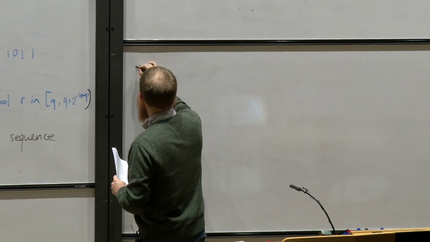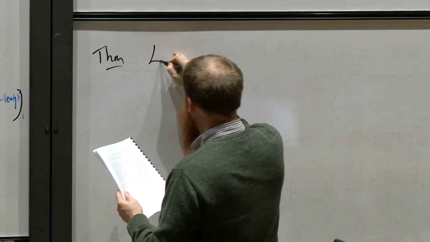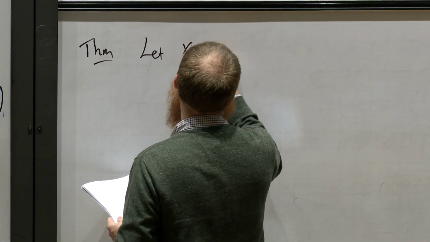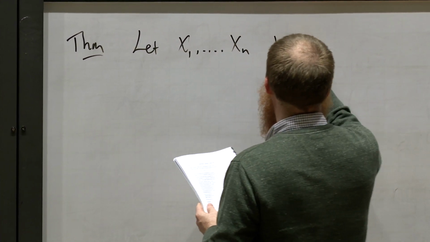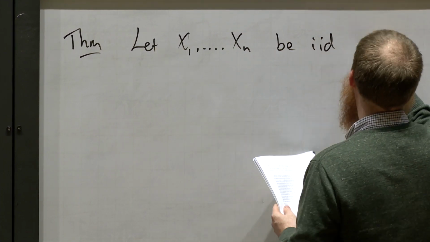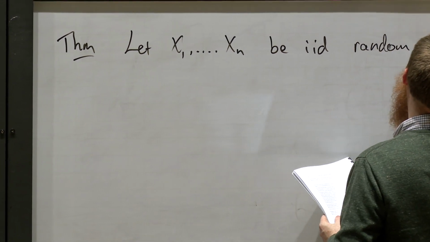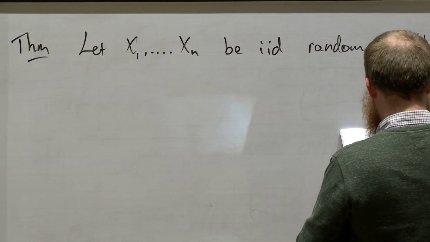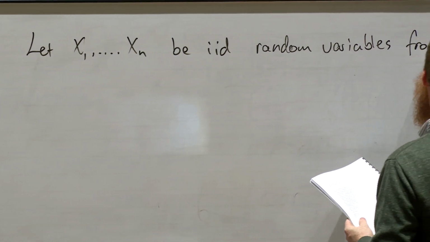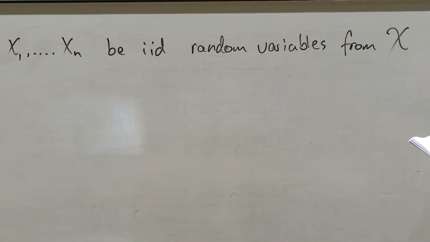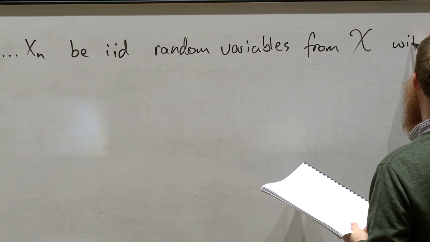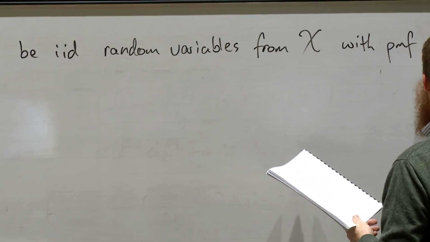Theorem. Let x1 through to xn be IID random variables from an input alphabet X with PMF P as usual.